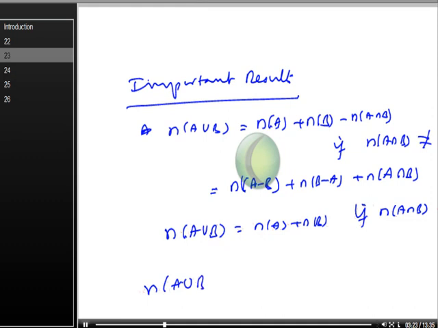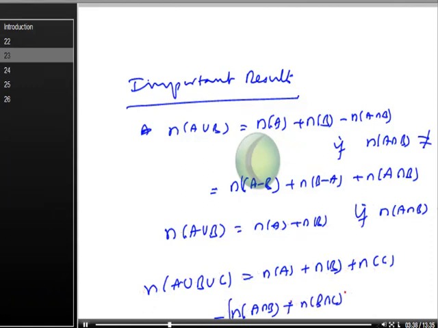For three sets, N of A union B union C is N of A plus N of B plus N of C minus N of A intersection B, minus N of B intersection C, minus N of C intersection A, plus N of A intersection B intersection C.